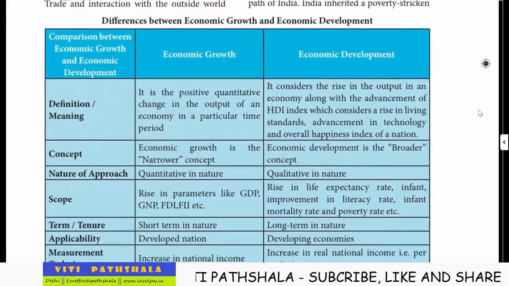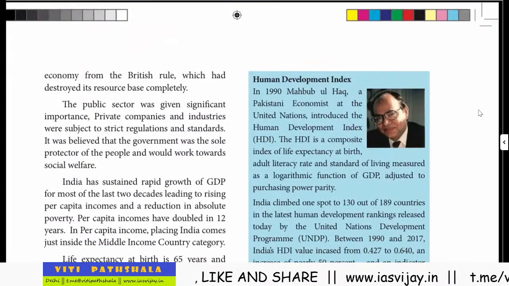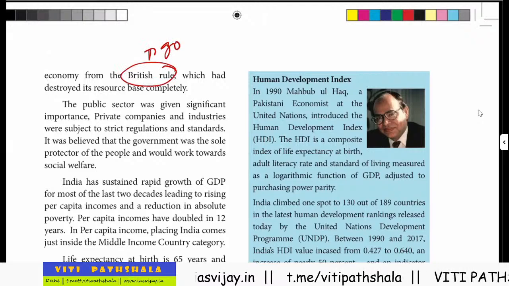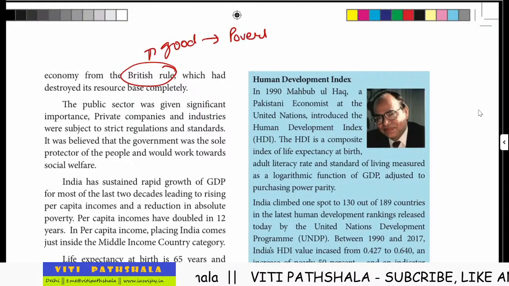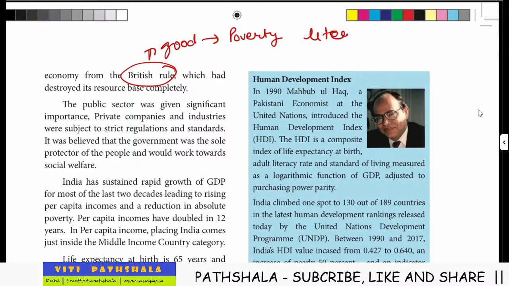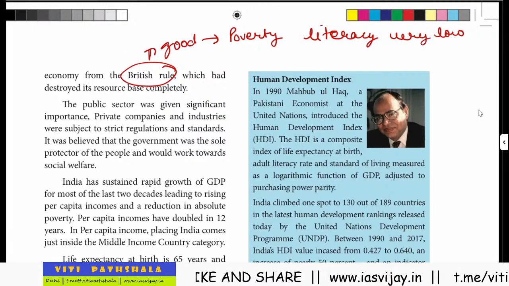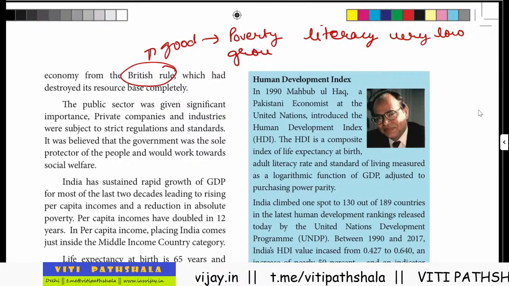Now, India inherited a poverty-stricken economy from the British rule. At the time of the British rule, our economy was not good. There was huge poverty. The literacy was very low. The growth was not good.